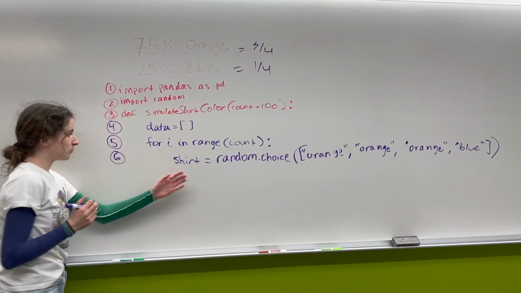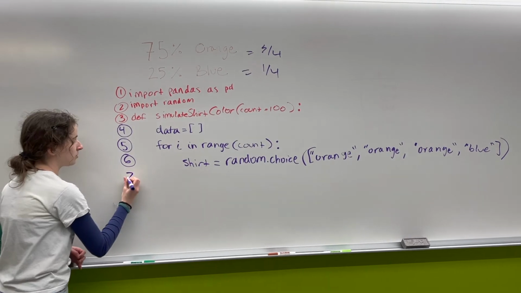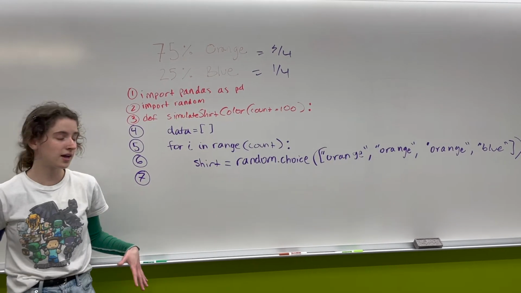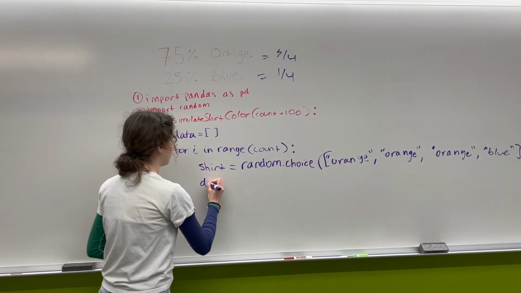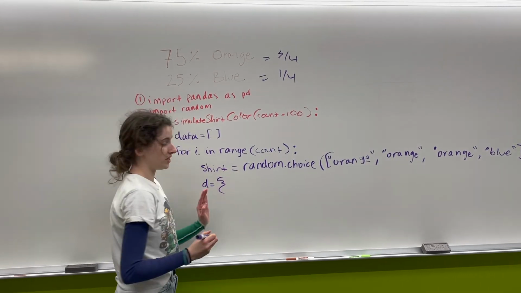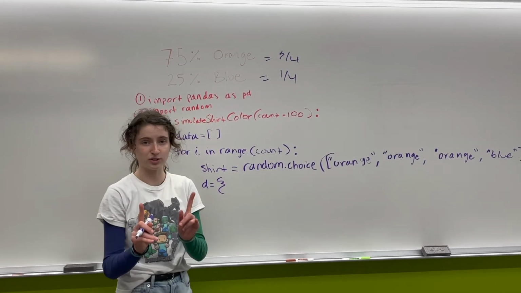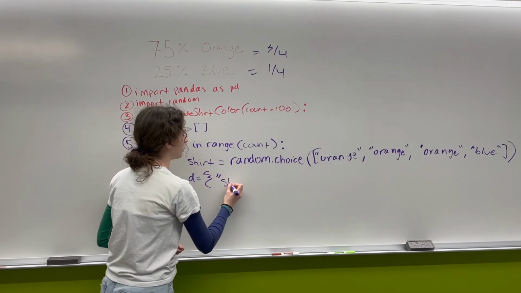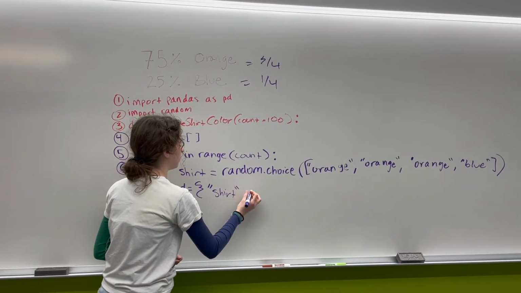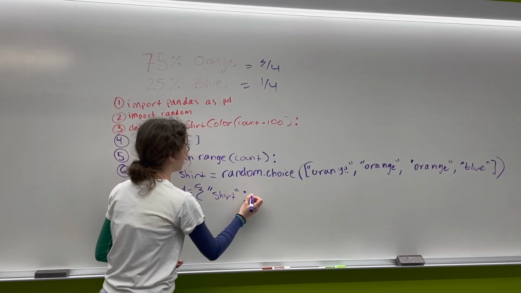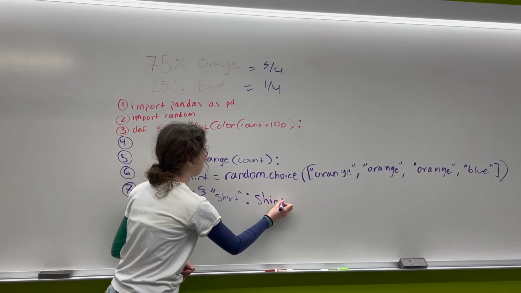And then once you have this random variable selected, keep going through the steps of simulation that you do every single time. Create a dictionary. Make sure these are curly brackets, not parentheses. That's a little bit tricky. Do shirt. Call the data shirt and match it to the variable shirt.